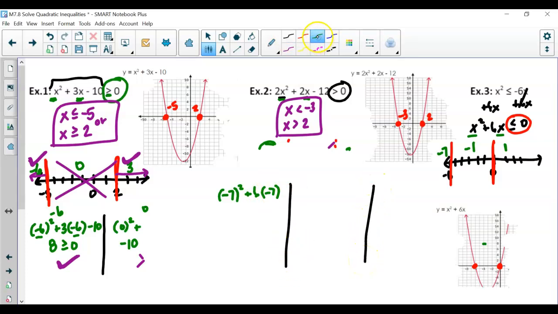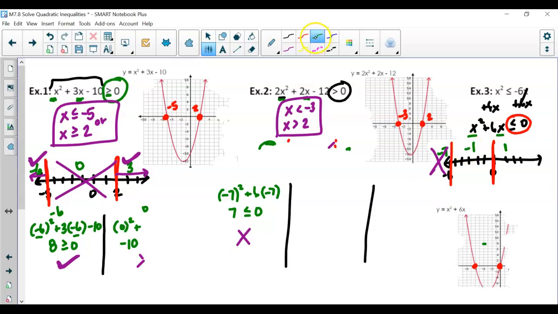So when you simplify, you get 7. Now, less than or equal to 0. So is 7 less than or equal to 0? No, it's greater than. So now this section is not a solution set.